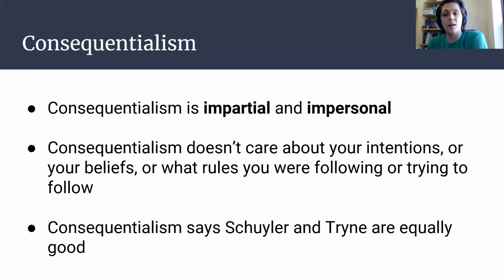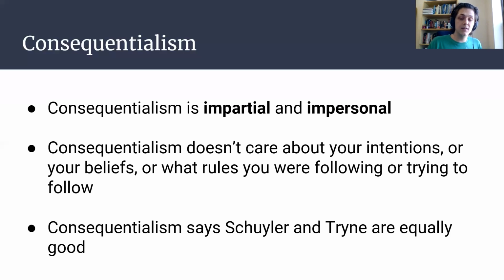She's driven to help because she empathizes and sympathizes with people suffering. Schuyler has no warm fuzzy feelings, doesn't really like people, but she thought about it. She decided she had a moral obligation to act and to save these people, even though she didn't really want to, or maybe she didn't really feel anything about their suffering. She had a moral obligation to save them, and so she did.